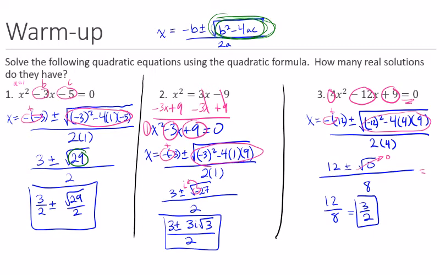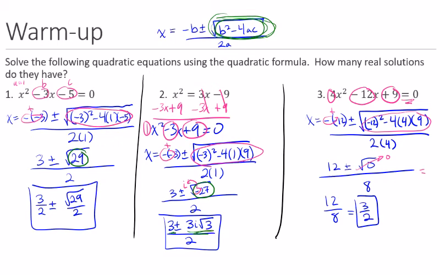Whenever we have a negative underneath here, like in number 2, we're going to end up with 2 complex solutions, because we'll have an i that pops out, and so we'll have a real number and an imaginary number, and together that makes a complex solution, or 2 complex solutions because of the plus or minus.